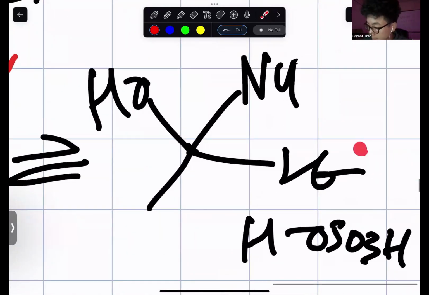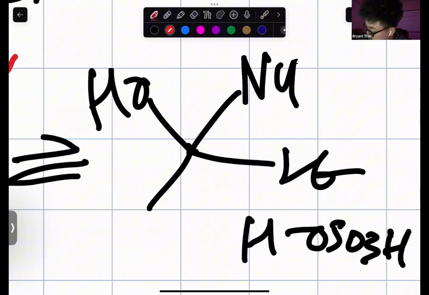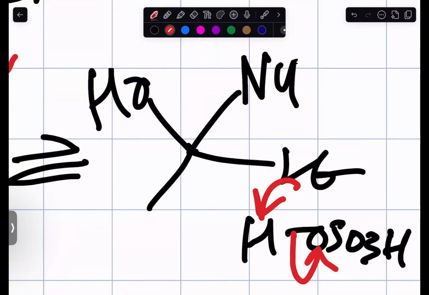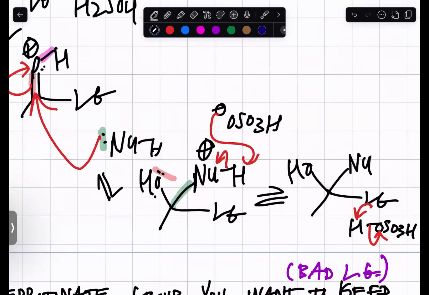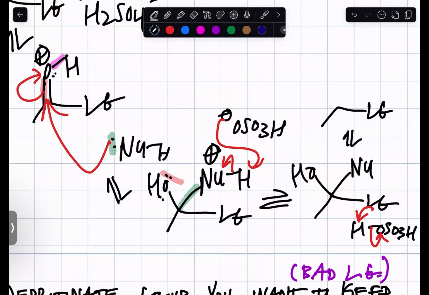If we want this to have a positive charge, we're going to have to make it gain a bond. And to make it gain a bond, it's going to grab this proton here from the H2SO4, and then that's going to kick out another H2SO4 minus right there, like that. Okay. Right. So in a way, it's kind of like picking up hydrogens and then having them leave.